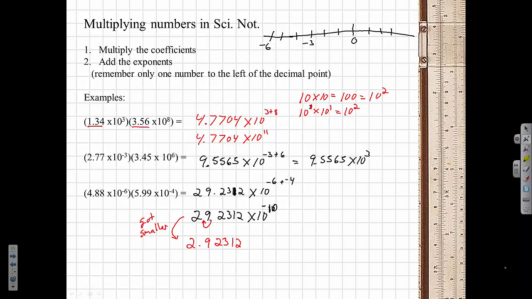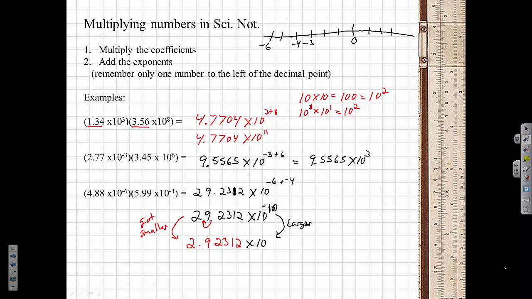So the coefficient got smaller. So what happens to the exponent? It's going to get larger by 1 power of 10. So what's 1 more than negative 10? Think about your number line here. What's 1 more than negative 3? It's not negative 4, it's negative 2. Right?